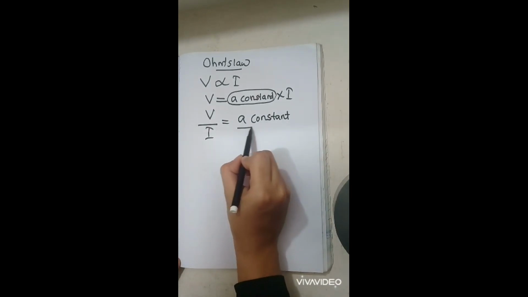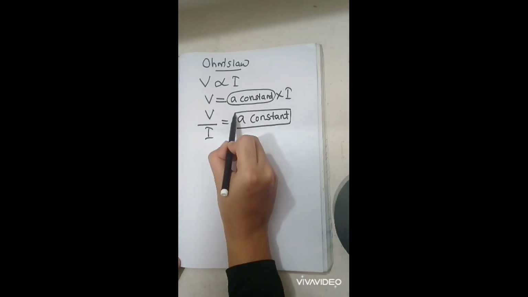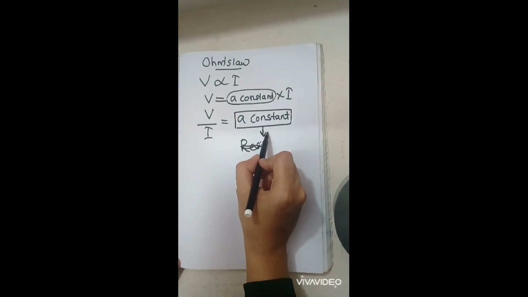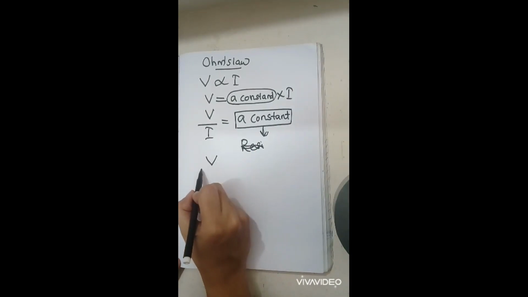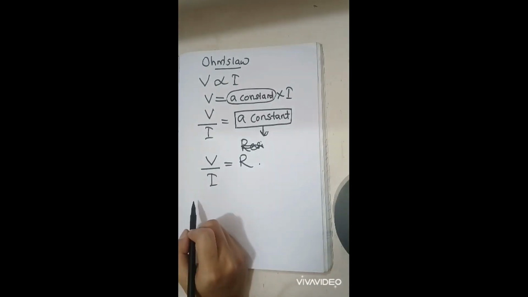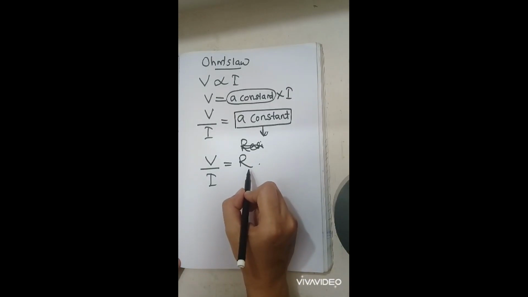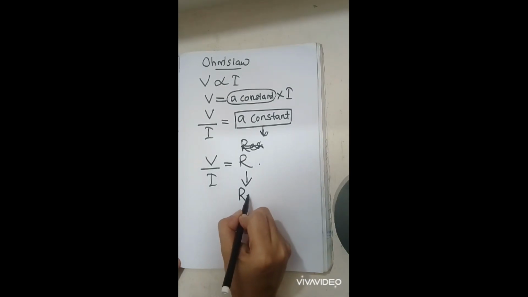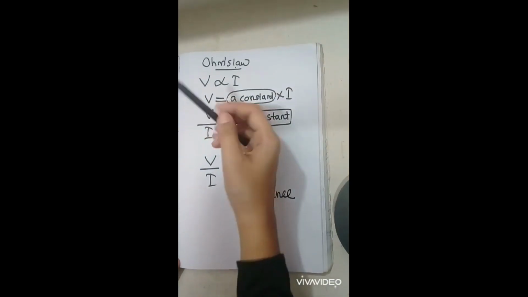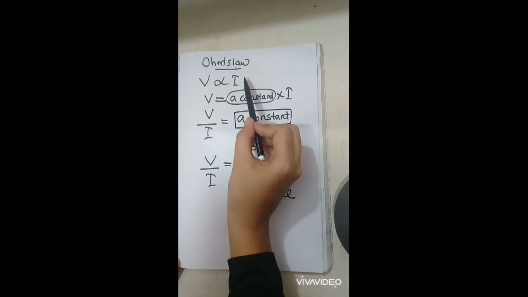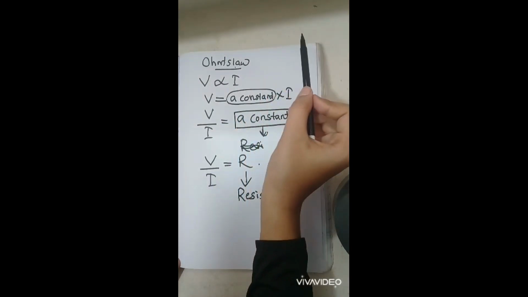And here this constant is very important. Here the constant can be written as V by I is equal to R. That is, this R is a constant and this R is called resistance. Ohm's law states that the potential difference is directly proportional to current at a constant temperature.